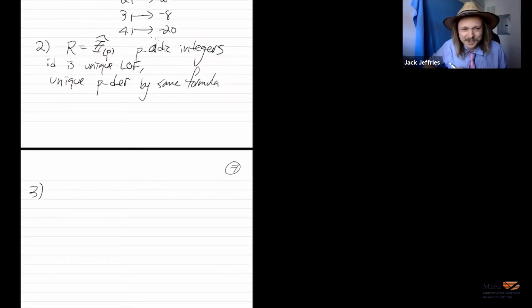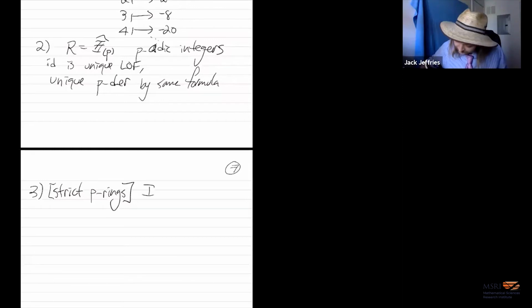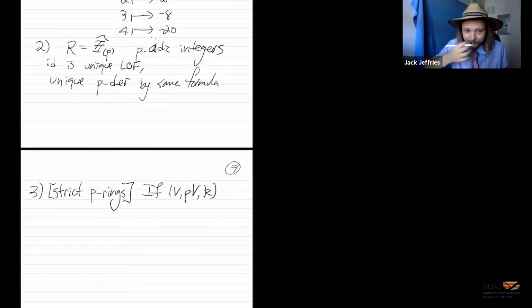I want to just give a short name to a setting that generalizes the p-adic integers for the purposes at hand. Okay. So I'm going to follow the notation from Sayre. A strict p-ring is going to be a complete DVR with uniformizer p and perfect residue field.